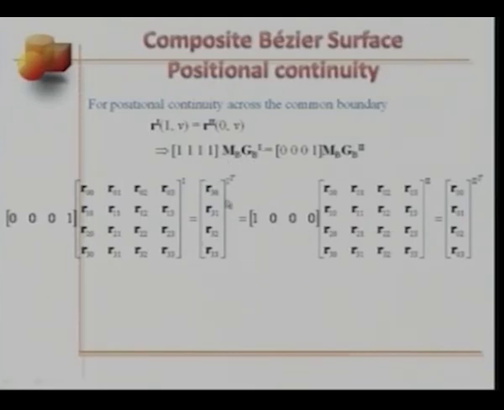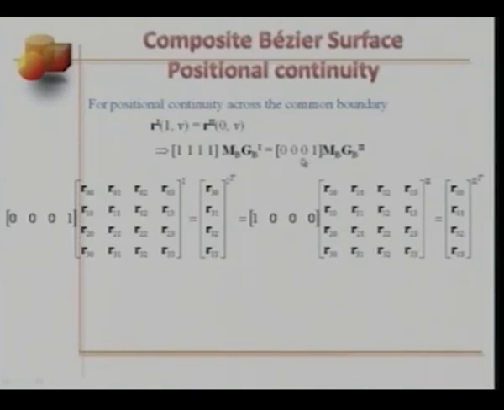G_B super 1 is this matrix here, and G_B super 2 is this matrix here. Now this row vector times M sub B is equal to 0, 0, 0, 1 times G_B super 1, which is this, and this is equal to R30, R31, R32 and R33 for the first patch, the transpose of that.